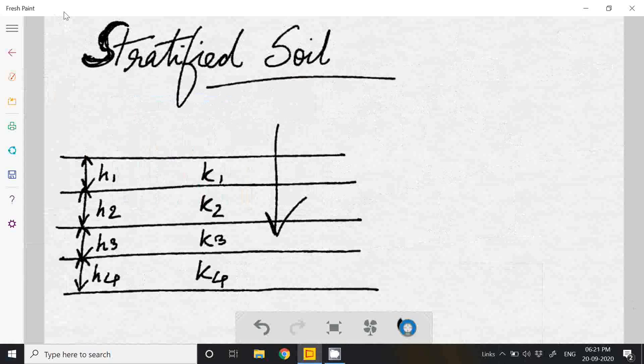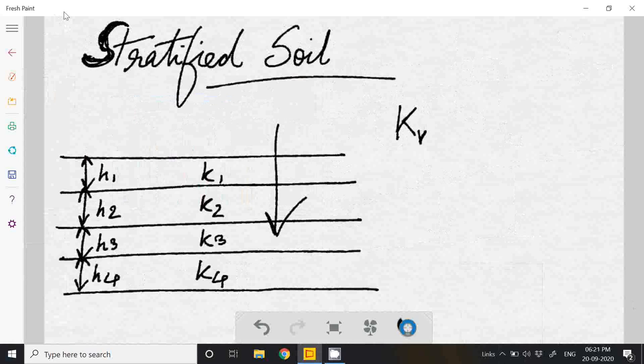Then in that case, the flow is normal to the planes, at 90 degrees to the planes. So the equivalent permeability of the sample will be termed Kv.